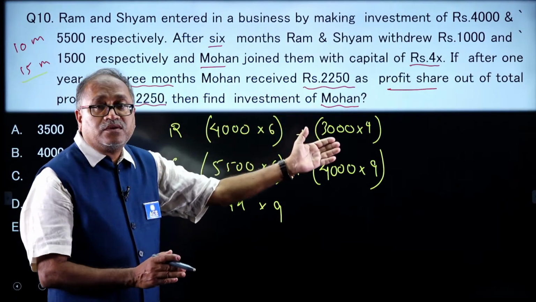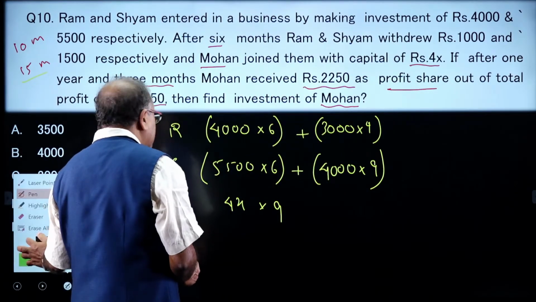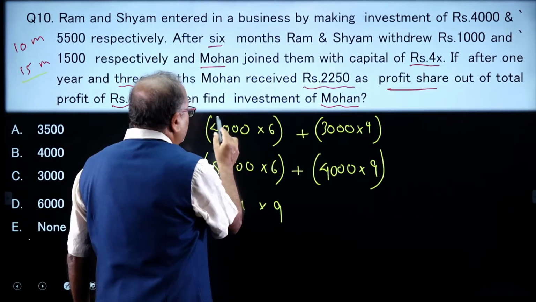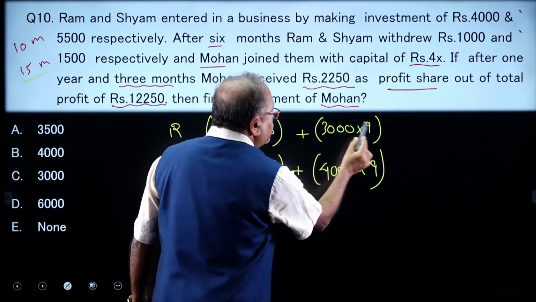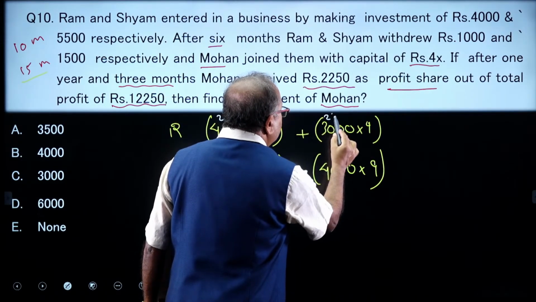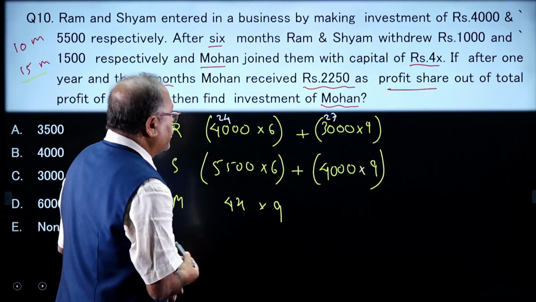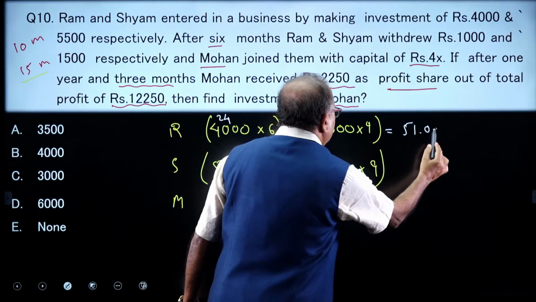So step 1, you find out the ratio of the capital, and then you take the second and the last step. Let me find out what the share is. When I multiply this, 6 into 4 is 24,000, and here 9 into 3 is 27,000. 24 and 27, 51. So I notice that this is 51,000.